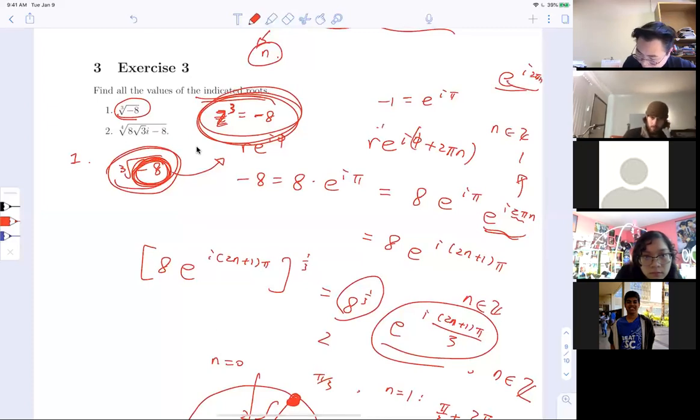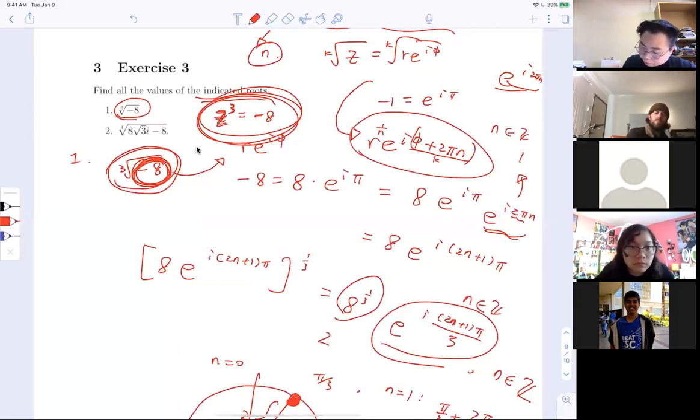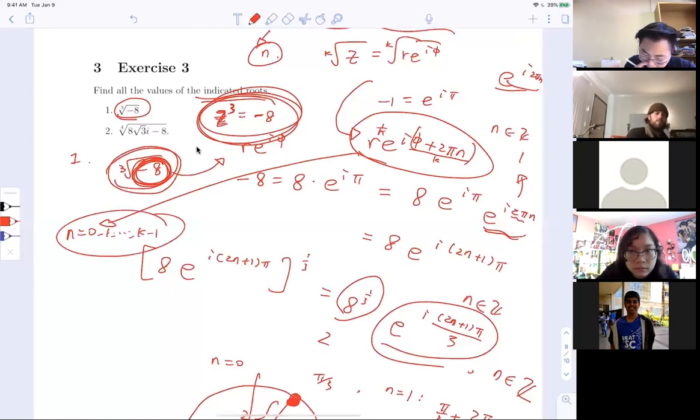Then you divide by, for example, k, and the solution looks like this, with n equal to 0, 1 to k minus 1.